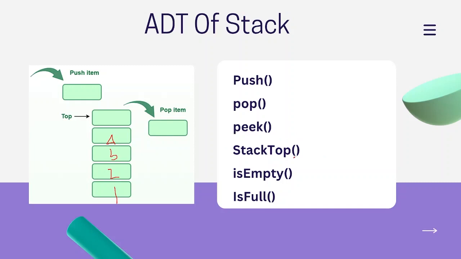Another operation is stack top. It will return the element which is present at the top. isEmpty indicates whether the stack is empty or not, and isFull indicates whether the stack is full or not. So these are the common operations performed with a stack.